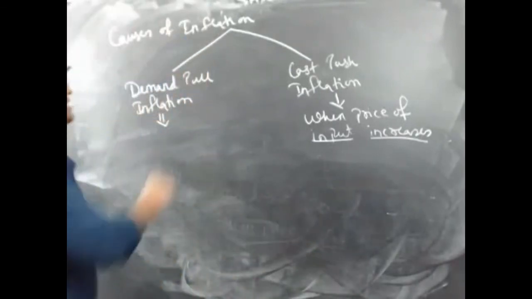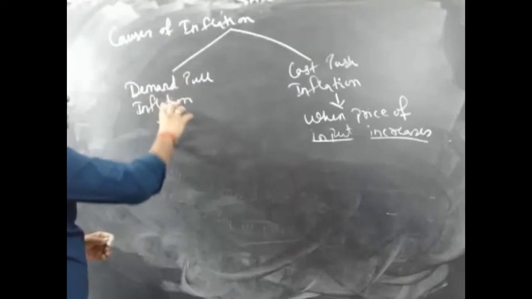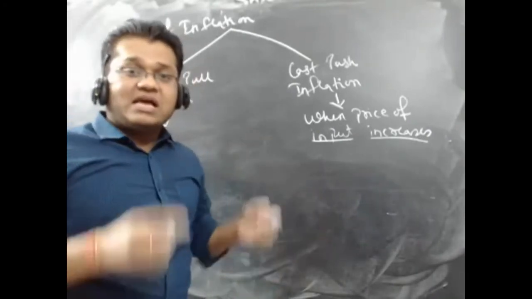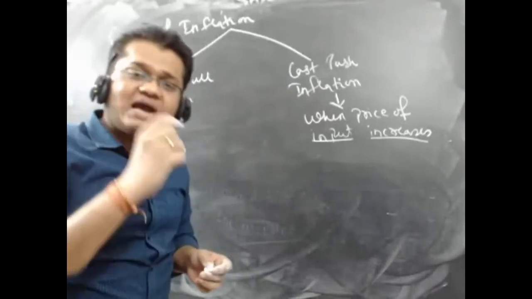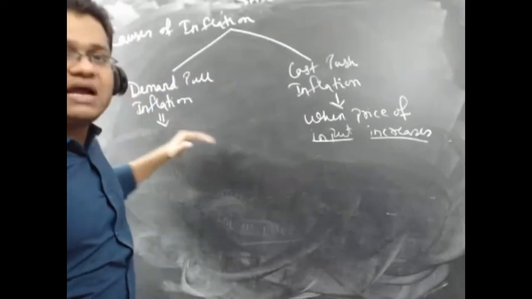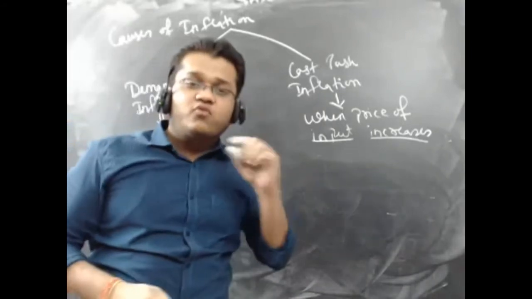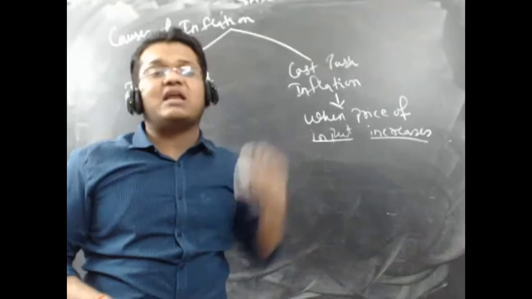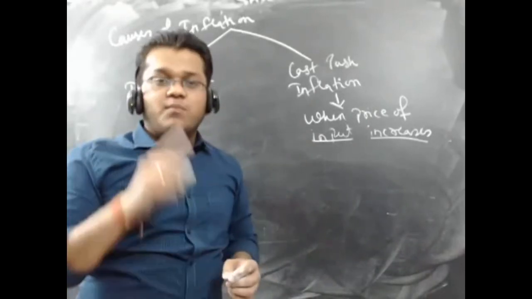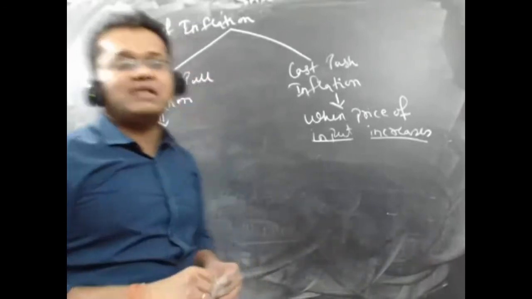Now what they are saying is that you are saying demand pull inflation is there. That is, demand has increased. Now they are saying, why has this demand increased? If your salary has increased from 1 lakh to 1,50,000, then what is the reason because of which your salary has increased? They are saying that your salary has increased because government is printing more currency.